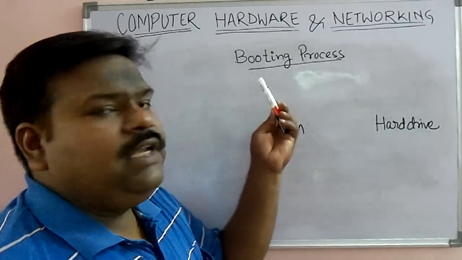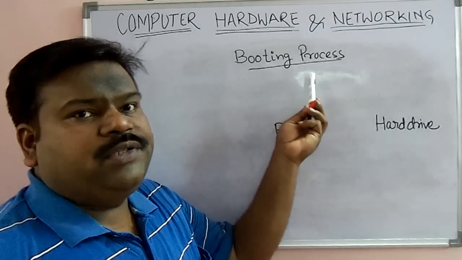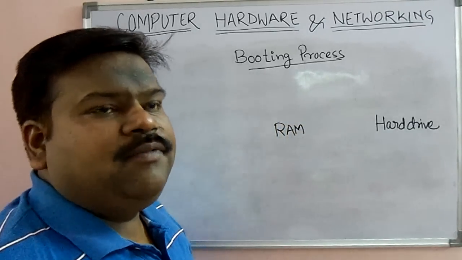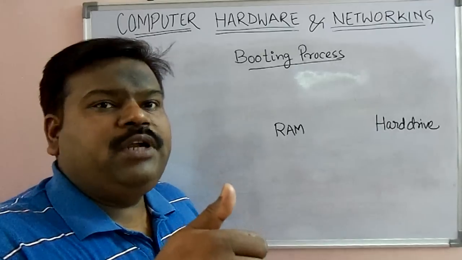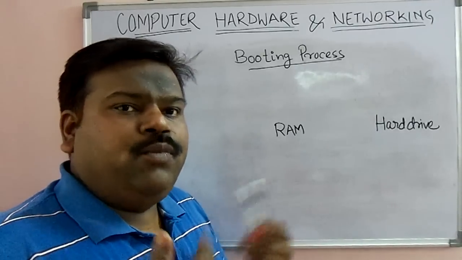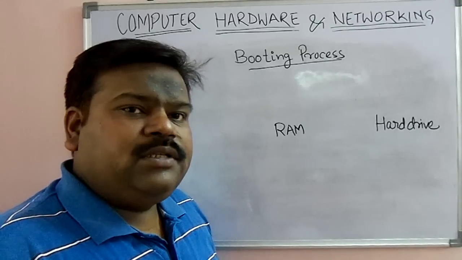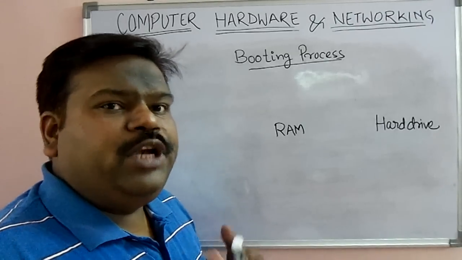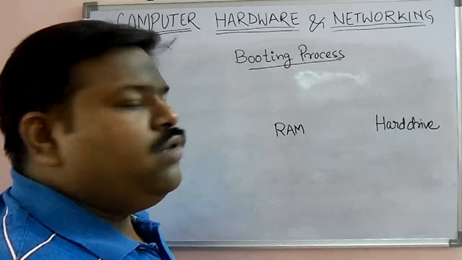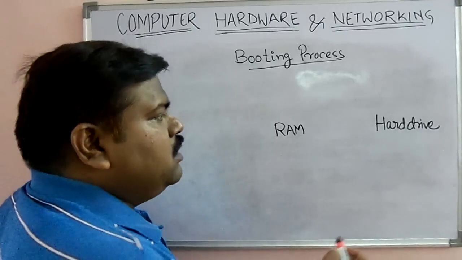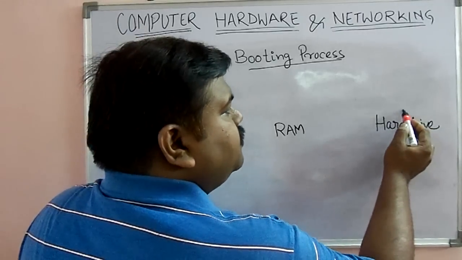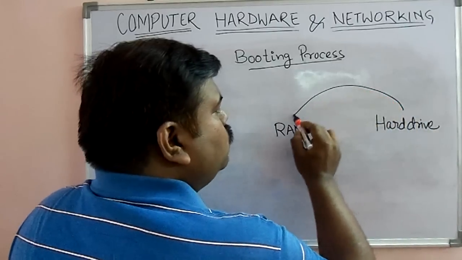Now we will see what the booting process is. When we power on the computer, then it starts booting. What happens during this booting process? The only thing that happens is the operating system comes from the hard drive to RAM.